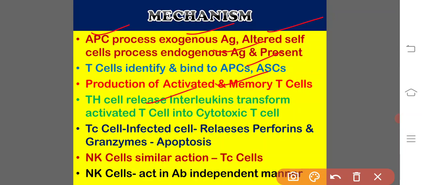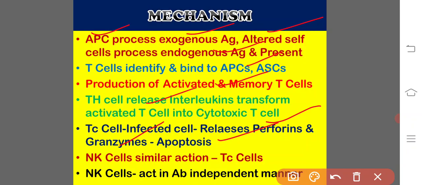They attach to the infected cells and release certain enzymes called perforins and granzymes. Perforins form pores in the cell membrane of the infected cell. Then granzymes enter the infected cells through the perforations and activate certain proteins like the caspases, which help in the destruction of the infected cells in the process of apoptosis, programmed cell death.